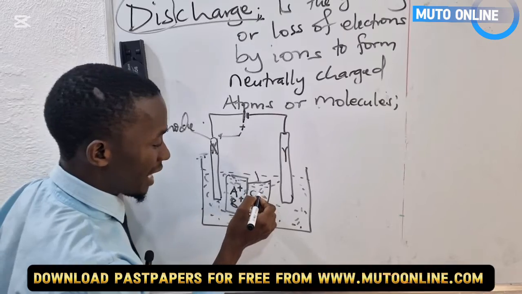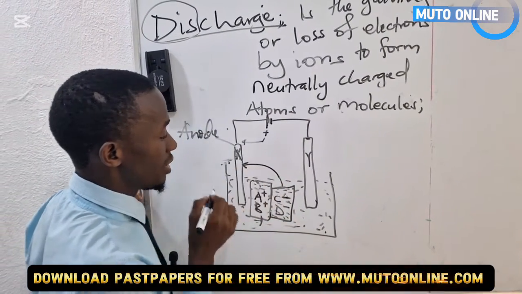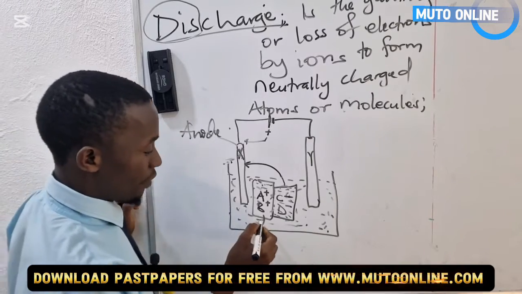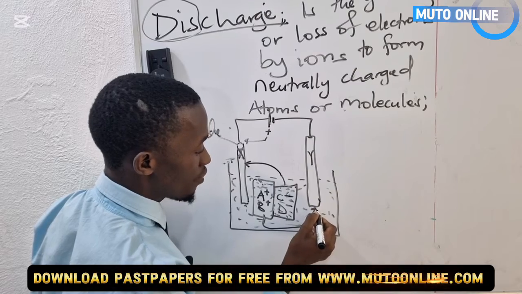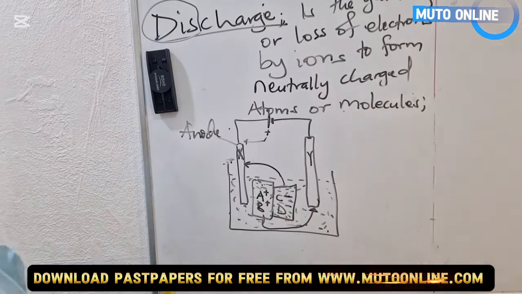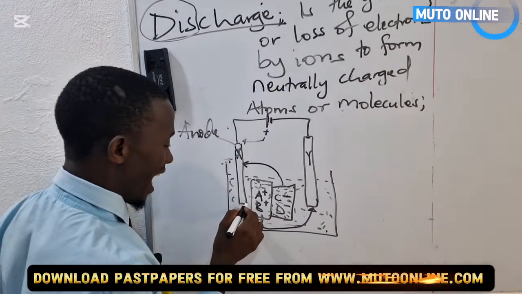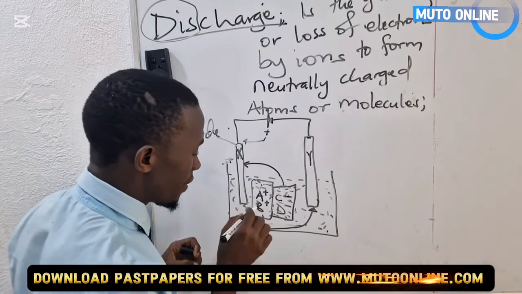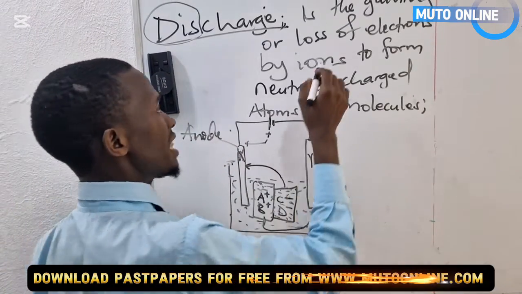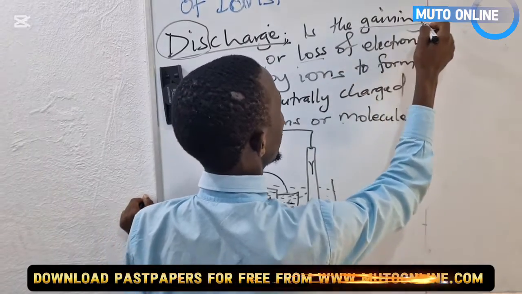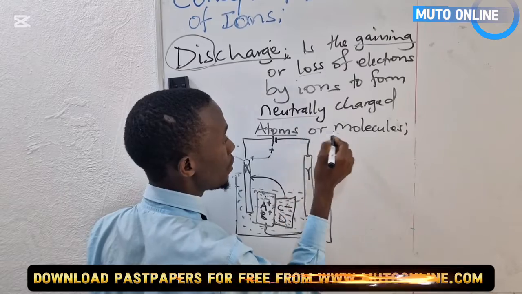So the negatively charged ions will migrate to the positively charged electrode, and the positively charged ions or the cations will migrate to the cathode. Once they are at the cathode, one of the two will be discharged, will either lose or gain electrons such that it forms a neutrally charged atom or molecule.